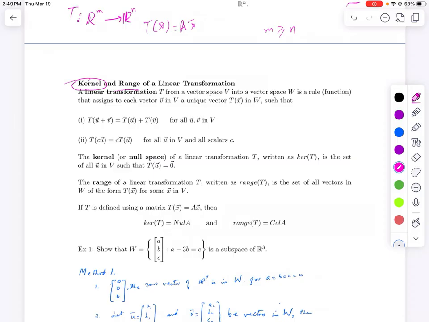The range of a linear transformation T, written as range of T, is the set of all vectors in W of the form T of x. What does that mean? Remember, x is sometimes called the pre-image, and T of x is the image.